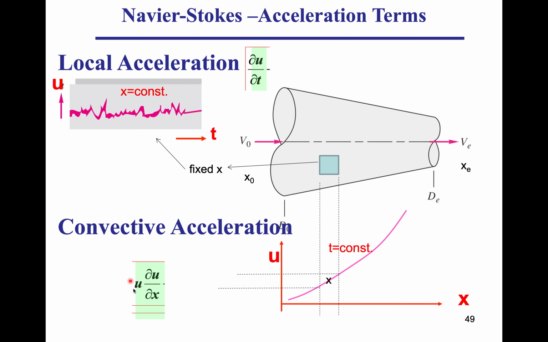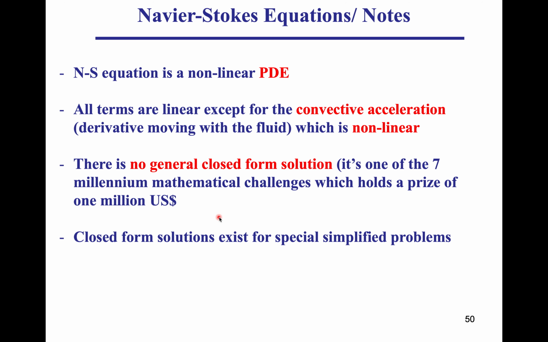That gives you units of acceleration, meter per second squared. So that is what we mean by the convective acceleration: the variation of velocity in space creates an acceleration. And this is how we quantify it through the spatial gradient of the velocity. So that's what we mean by local acceleration and convective acceleration, and what they would mean.